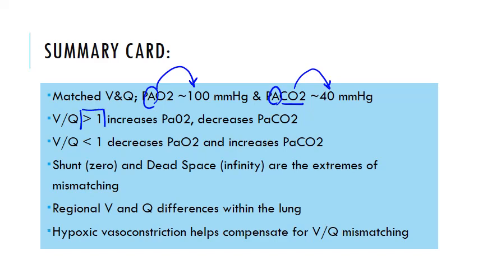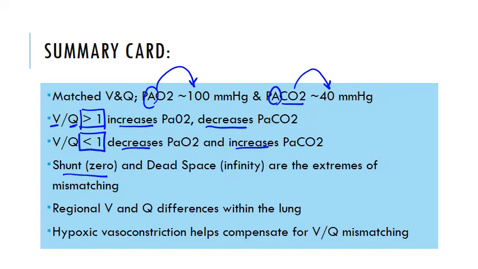In ratios greater than 1, meaning that ventilation is excellent with poor perfusion, this tends to increase arterial oxygenation as well as reducing arterial partial pressures of CO2. With ratios less than 1, this does the opposite. This decreases arterial O2 and increases arterial CO2.